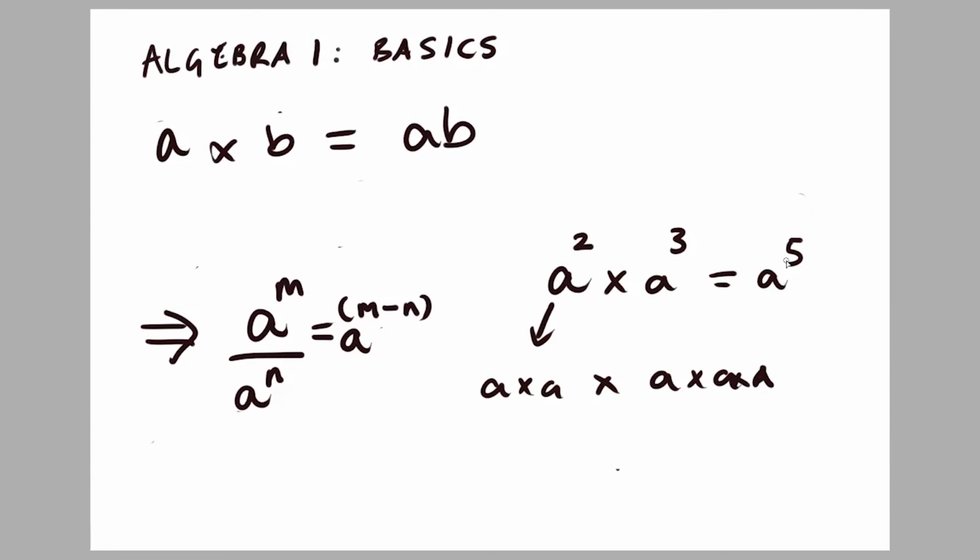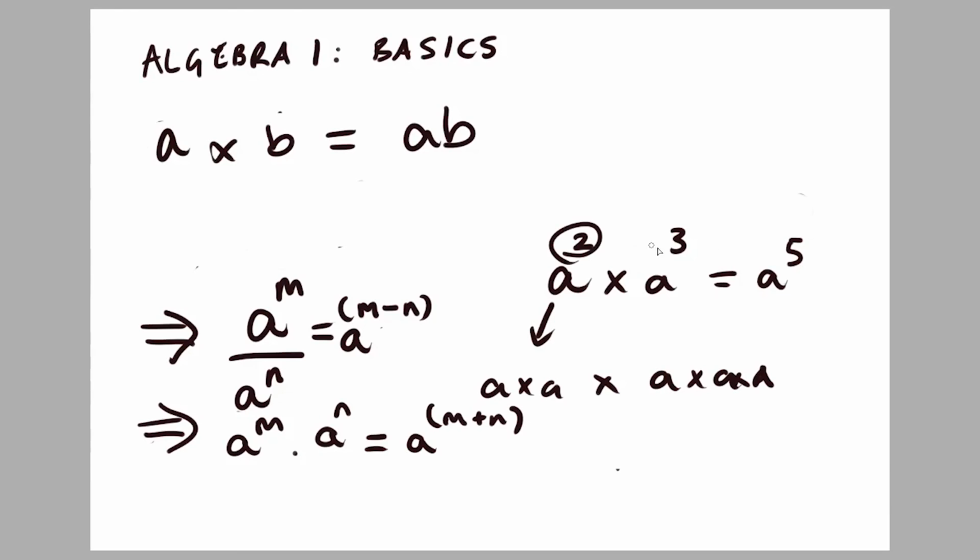So our second general rule, and I'm going to run out of space here because I've got a third one yet, is that a to the m times, look, I'm introducing a dot here to mean times. If you write just a dot in maths, it means times as well, is a to the m plus n. You see I've just added the indices here. The 2 and the 3 makes the 5, and hopefully you understand where that comes from.